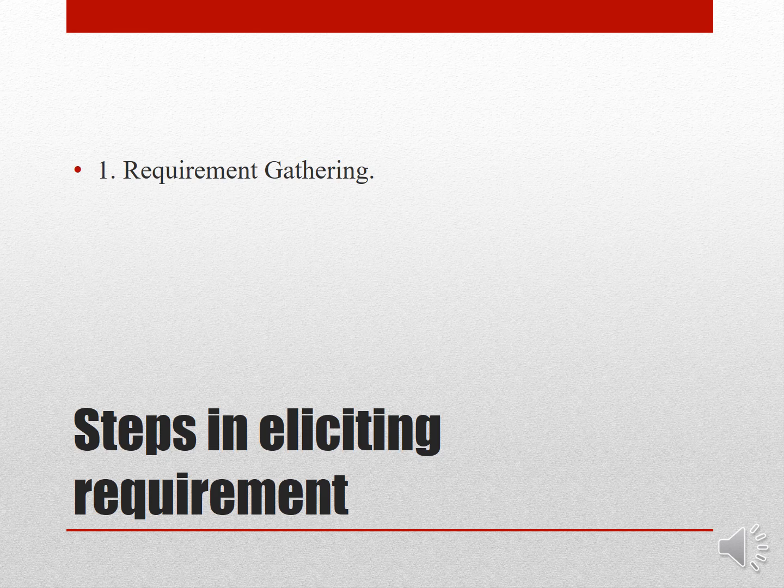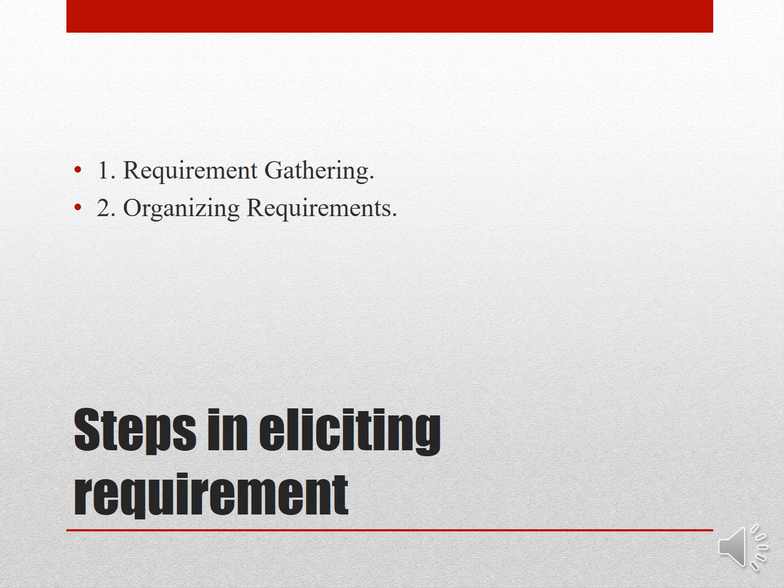That should be taken by the developer. Then the second step is organizing requirements. The developers prioritize and arrange the requirements in order of importance, urgency, and convenience. So this sequence should be decided by the developer.